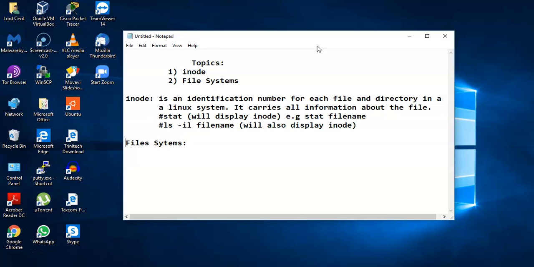The file system is more like the organization, the positioning of data in your storage device, say in your hard drive, and it is a layer under the operating system that handles the positioning of data in your storage device. Without that, the system cannot know where a file starts and where it ends. The Linux file system unifies all physical hard drives and partitions into a single directory structure.